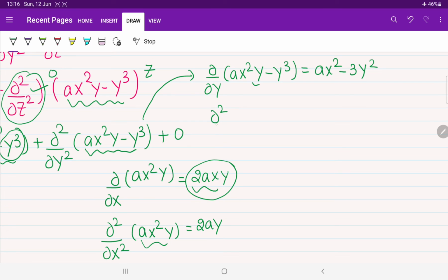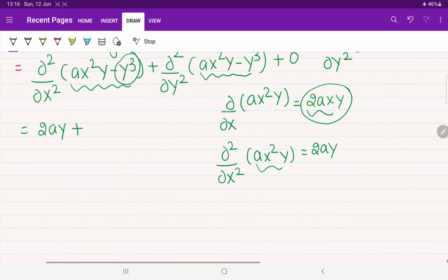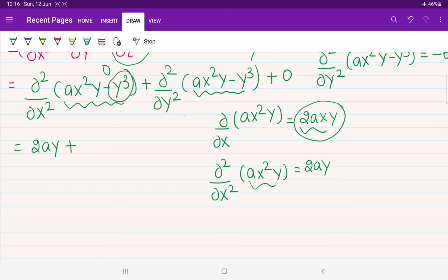But we have to differentiate this function one more time, that is dou square by dou y square. Second order derivative means we have to differentiate 2 times. So the second time, the first term will become 0 and the second will give you minus 6 times y. So dou square by dou y square gives minus 6y.